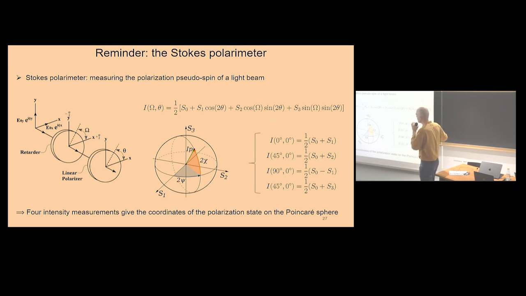These are called the Stokes components, and they represent the coordinates of your state onto the Poincare sphere. You have two angles to characterize, theta and phi. By doing 4 different intensity measurements, you have 4 equations, and you can recover these 4 parameters that fully characterize your state.